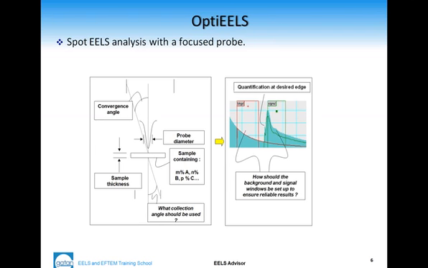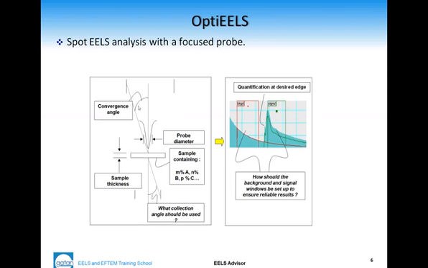So the OptiEELS software is basically optimizing a spot EELS analysis with a focused probe. So in this plot here, you can see the convergence, the probe focused on the specimen.